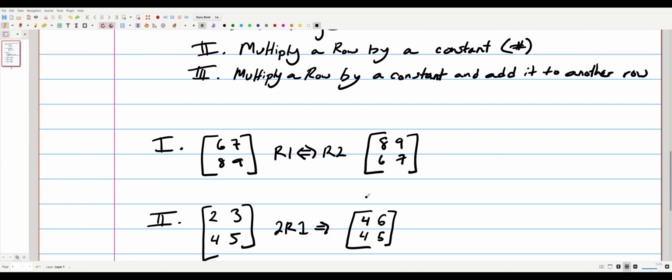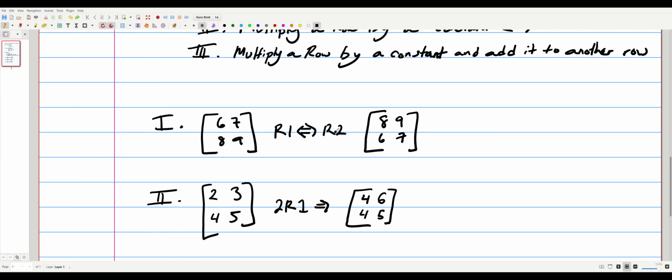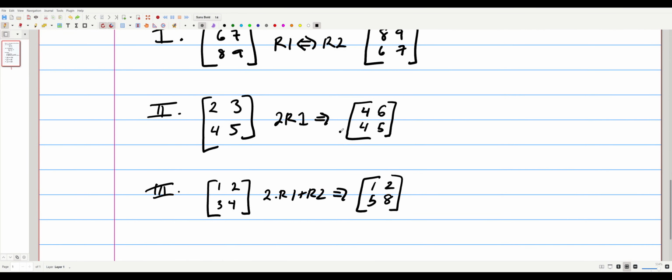Let's take a look at what multiplying a row by a constant and adding it to another row looks like. Here, we're taking row 1, which is 1, 2, and multiplying it by 2, which gives us 2, 4.